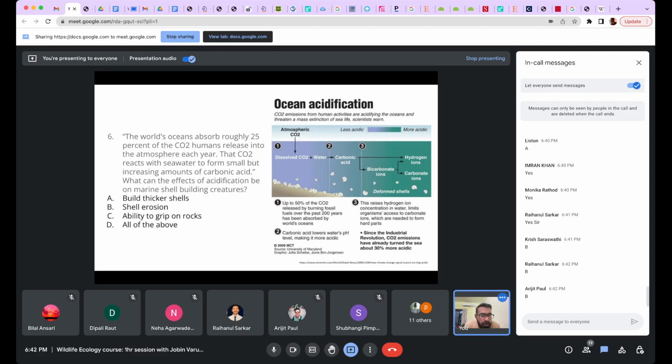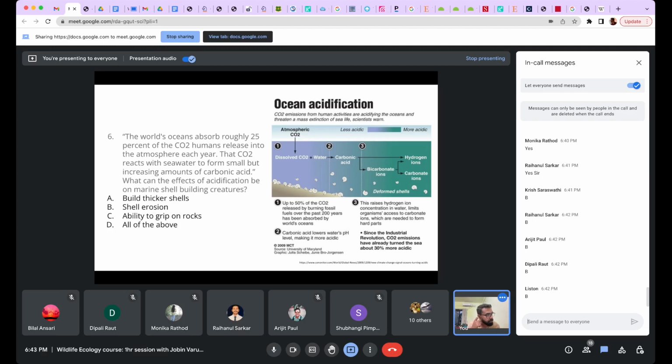Okay, B. Okay. So ocean acidification is basically this: as the carbon dioxide in the atmosphere increases because of greenhouse gas emissions from factories and mostly from automobiles, seawater, or basically water, has a very high capability of dissolving carbon dioxide.